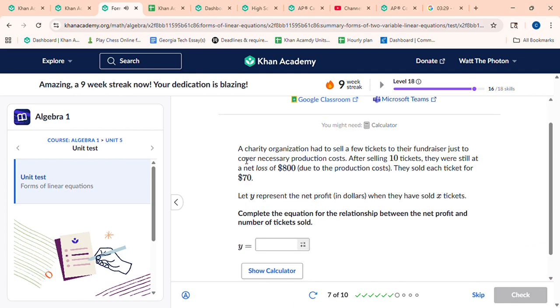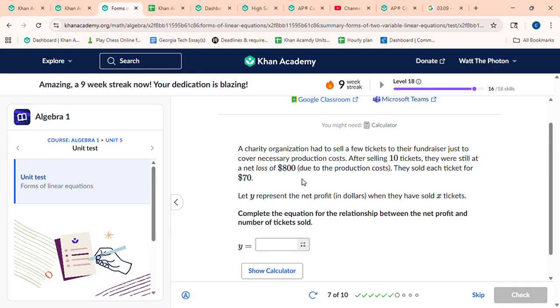It's just the slope. A charity organization had to sell a few tickets to their fundraiser just to cover necessary production costs. After selling 10 tickets, there's still a net loss of $800. They sold each ticket for $70. Y is profit and X is tickets.